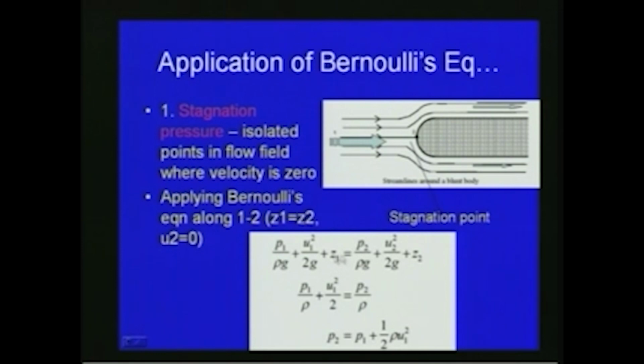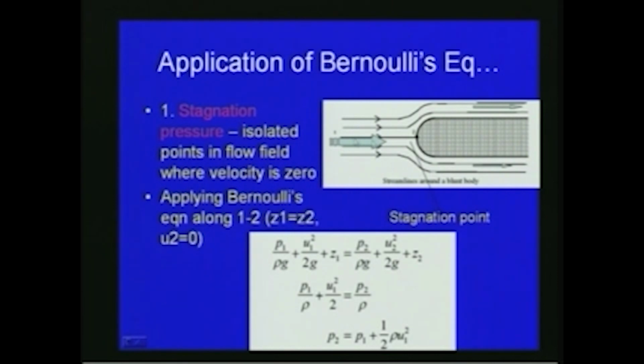From this we can write P2 is equal to P1 plus half rho U1 square. So by considering the point 2, we can find the pressure at the stagnation point, that is the so-called stagnation pressure.